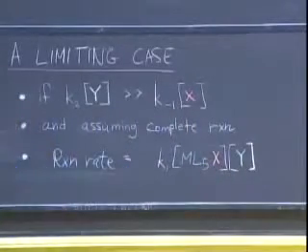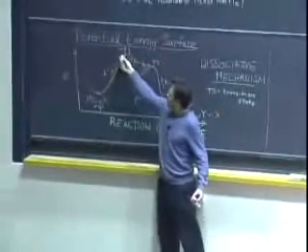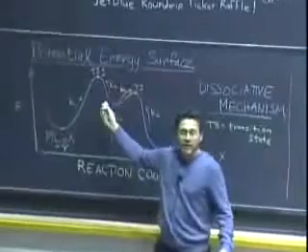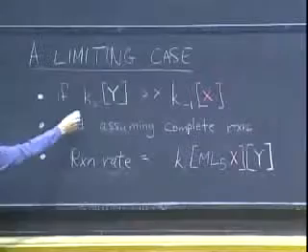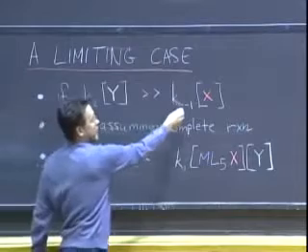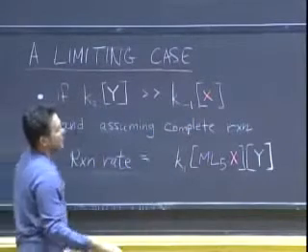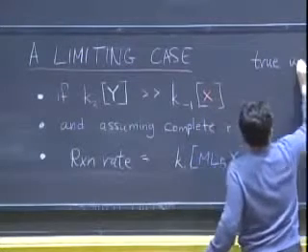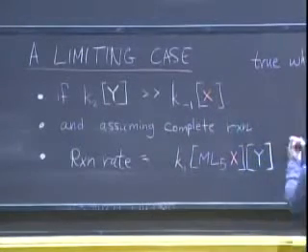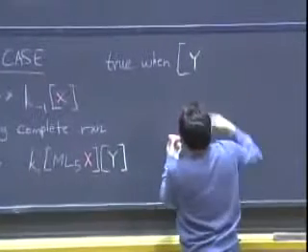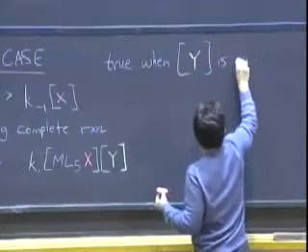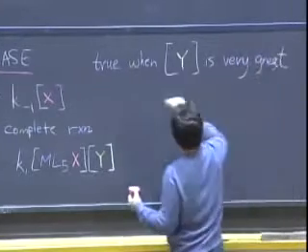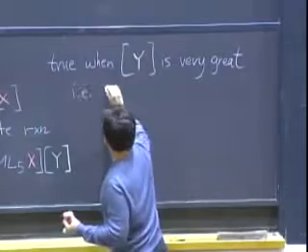And that says that every time we get over the first barrier, we rapidly get over the second barrier without going back. That's the assumption here, that K2 times the concentration of Y is much greater than K minus 1 times the concentration of X. This is often true when the concentration of Y is very great, i.e., Y is the solvent.